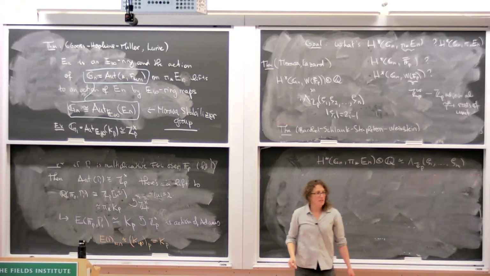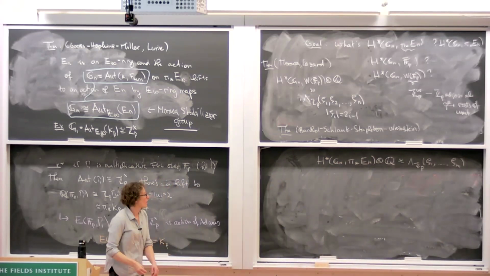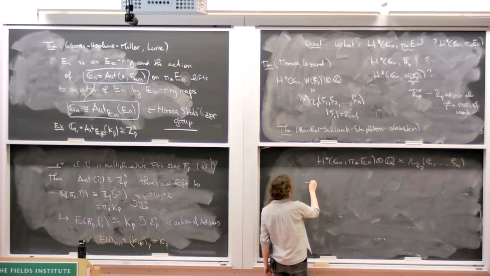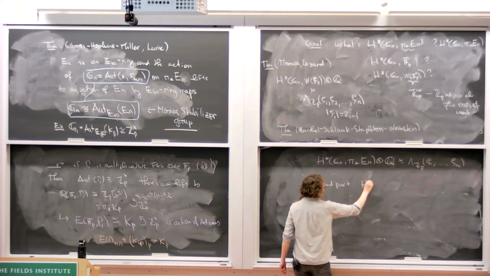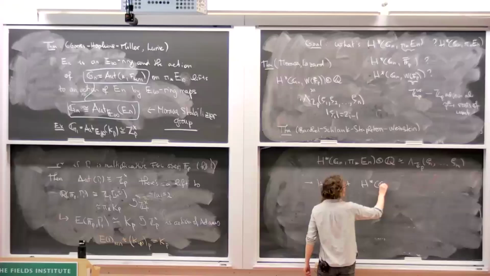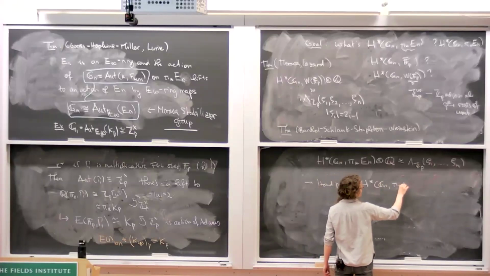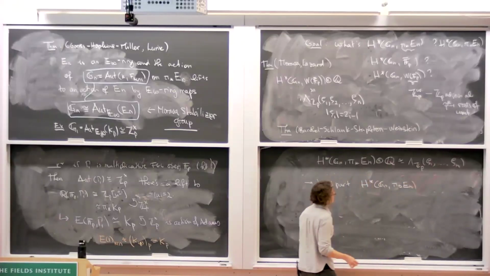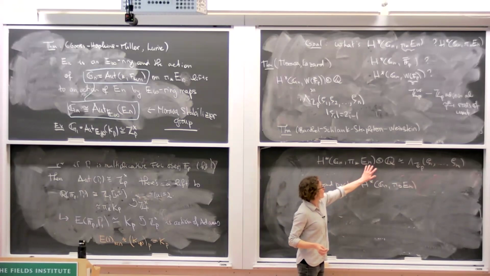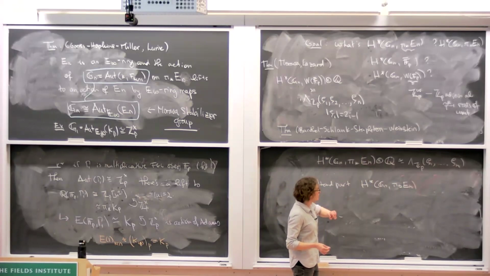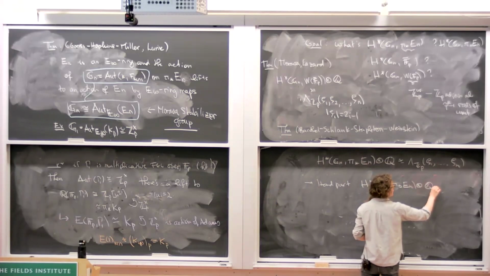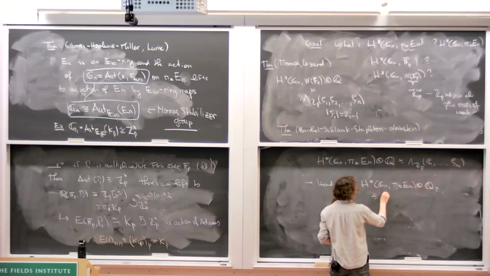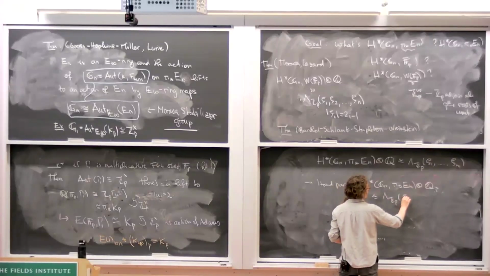Then I get this answer, and that's it. The hard part is this bit. Because if star is not 0, it's very easy to prove that all these groups are torsion, so they vanish. It's showing that this is an exterior algebra on these things.